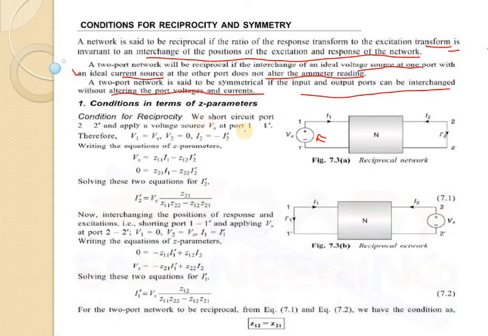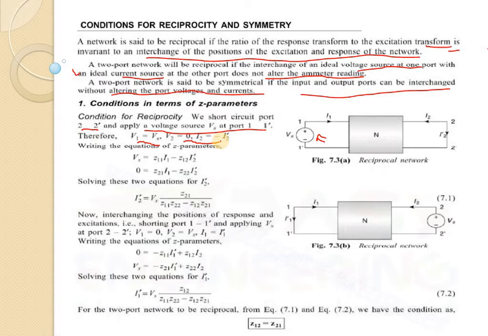So we short-circuit both 2 and 2 dash, that is the output, and we apply a voltage source Vs at port 1 and 1 dash, that is the input port. Therefore V1 equals Vs, so our input voltage is Vs. As the output port is shorted, the output voltage will be 0, so V2 is 0.